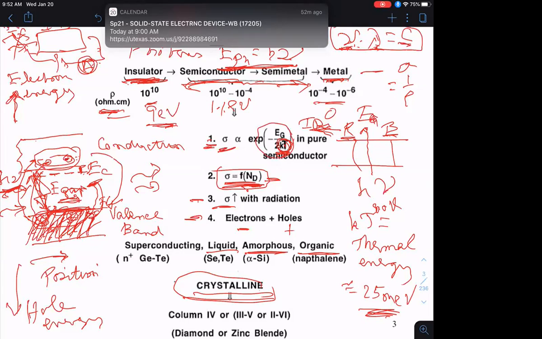On the other hand, if I introduce energy levels close to the minimum of the conduction band by introducing these donor type impurities, this column 5 impurities, that energy separation is much, much smaller, of the order of maybe 50 milli electron volts. So this 5th electron in the donor impurity can be very easily excited into the conduction band.